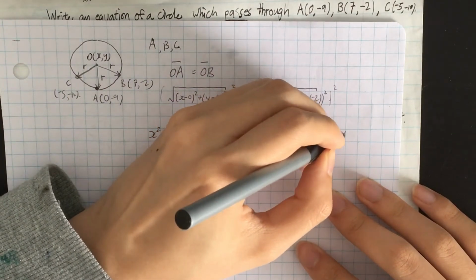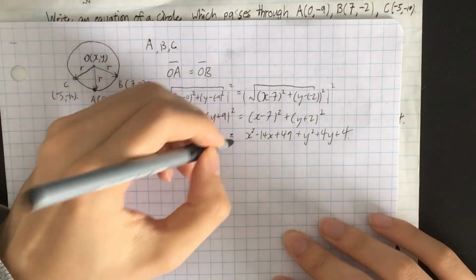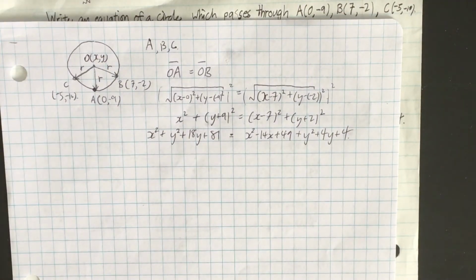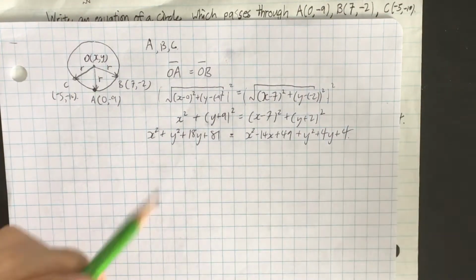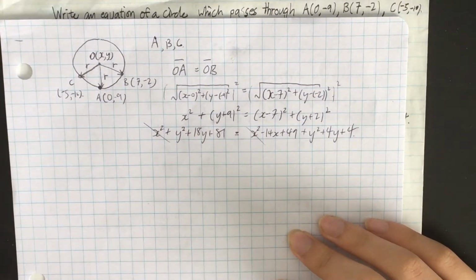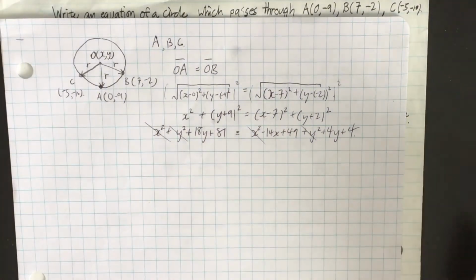So I do hope you have a strong foundation for the algebra. So now notice the x squared and x squared here are going to cancel out if you subtract, and likewise the y squares will also cancel out.